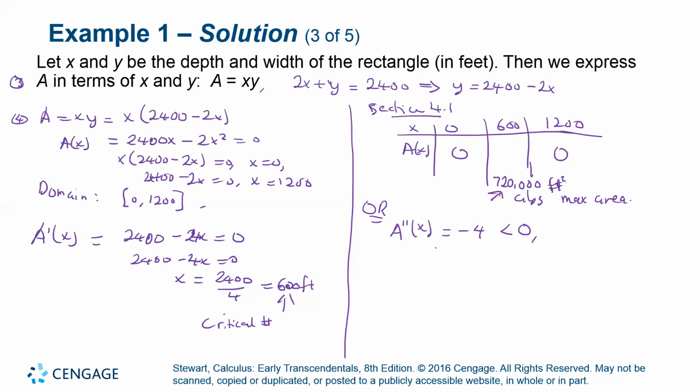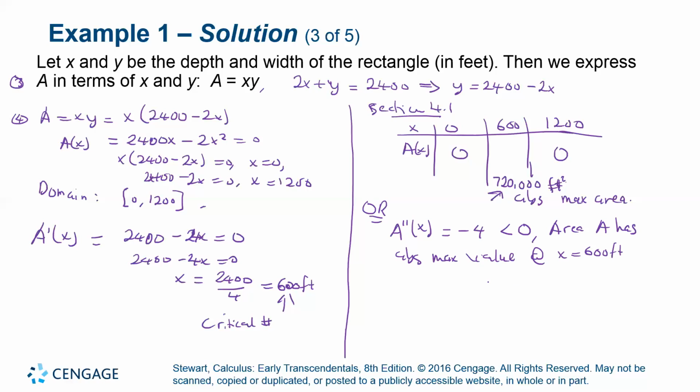Don't forget that if the second derivative is negative, then the area A has an absolute maximum value at x equal to 600 feet.